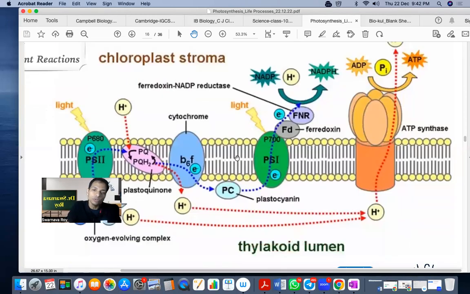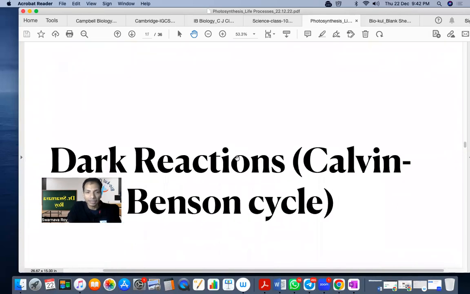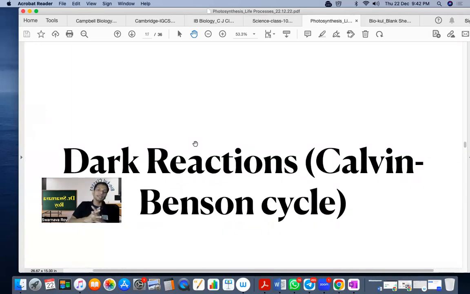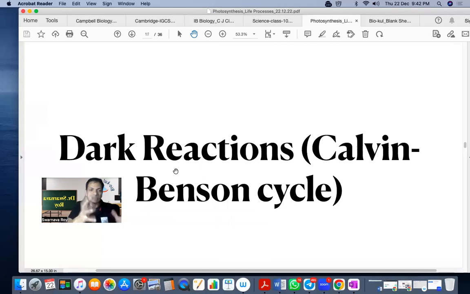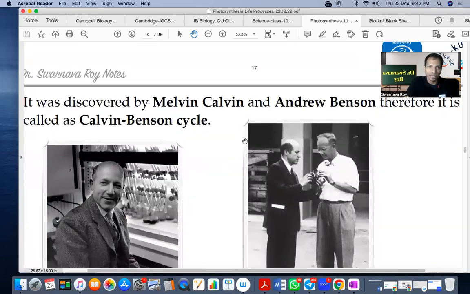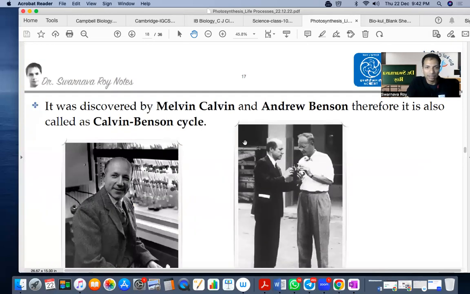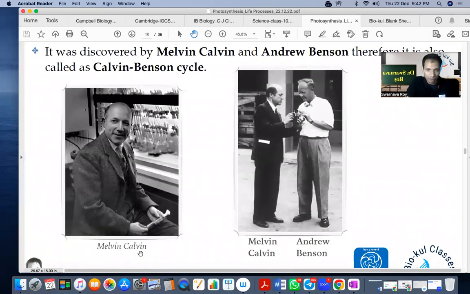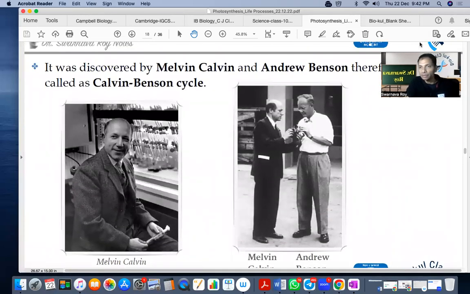So now we'll move to the dark reactions, and we'll see how this assimilatory power is used to ultimately form the glucose. Okay. So dark reactions, first some information about the dark reaction. It was discovered by these two scientists. This is the famous Melvin Calvin, after whom the Calvin cycle is popularly named.